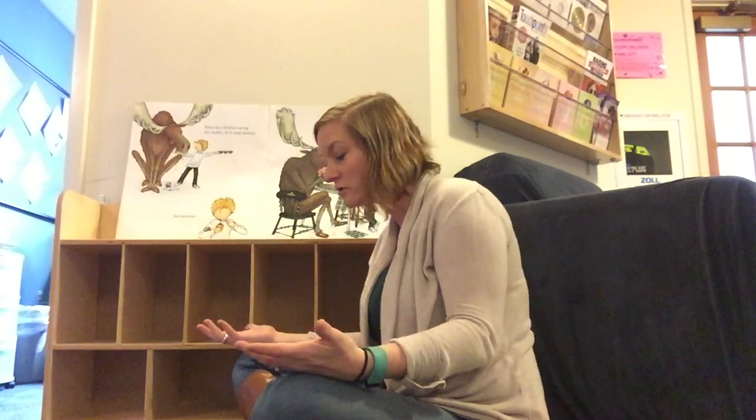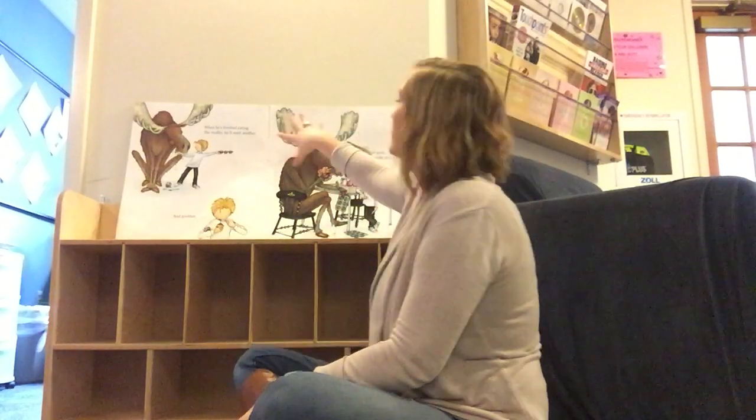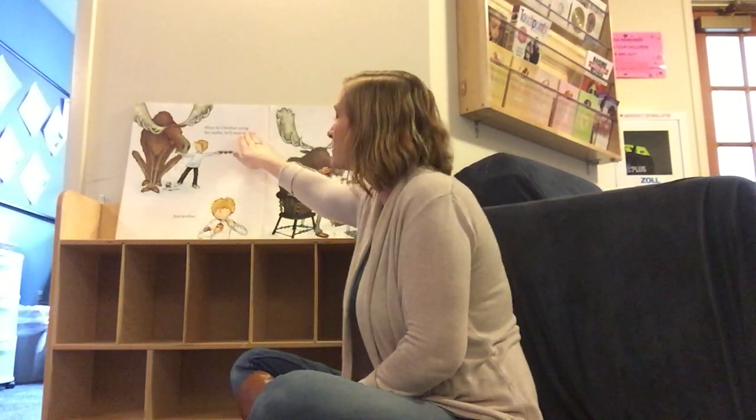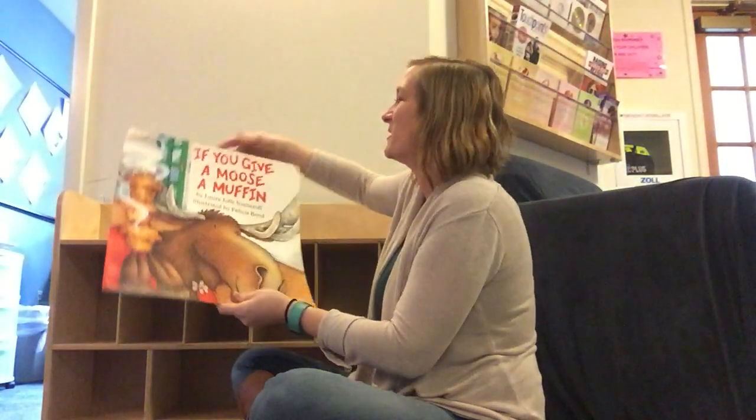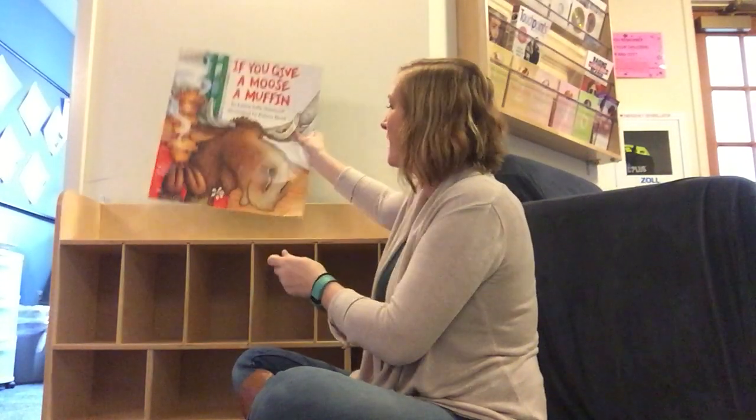And then we can tell the children that the pictures add on to it, and we can tell more from the story by the pictures. But as we're tracking and pointing out the words and talking about the words, children are understanding the concept of number 4, that it's the print that's telling the story in these words. So that is skills 1 through 4. Again, using the big book, If You Give a Moose a Muffin.